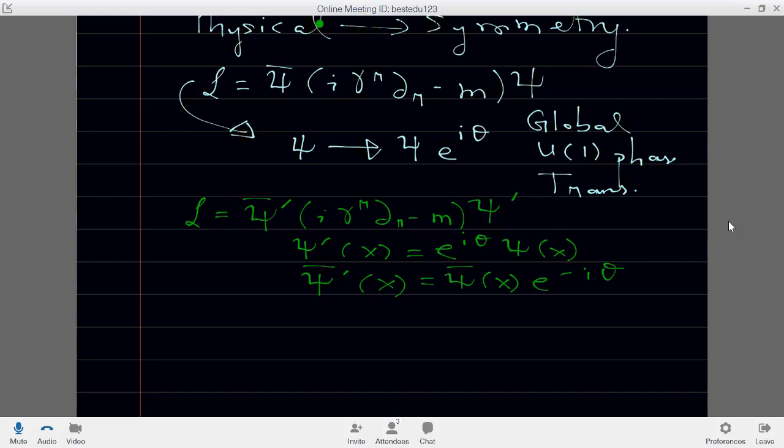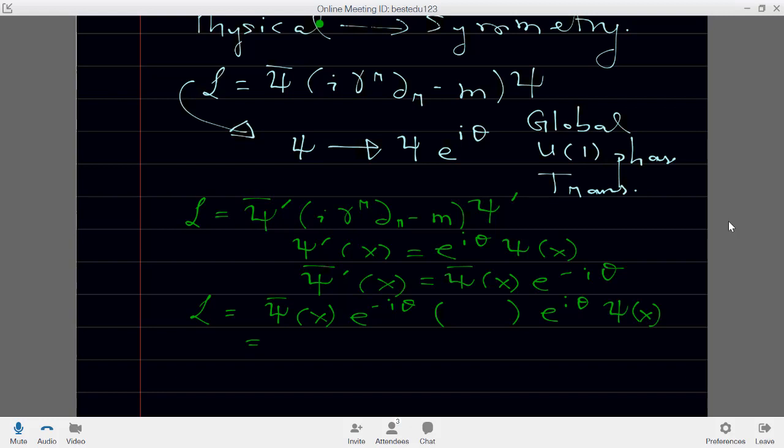What we can do now is substitute it in the above Lagrangian density. On this side we have psi bar of x e to the power minus i theta, and whatever is in the bracket remains. And this side we have e to the power i theta psi of x, right?